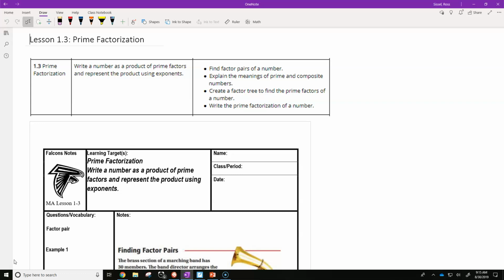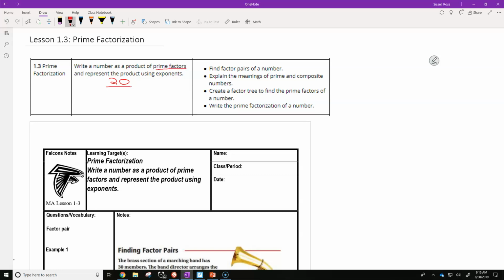But if we look at what that wants to be, and you want to write at the top, just so you understand what we're working on today, is mainly I'm going to give you the number like 20. And what you're going to have to do with 20 is take this number and write it as a product of prime factors.